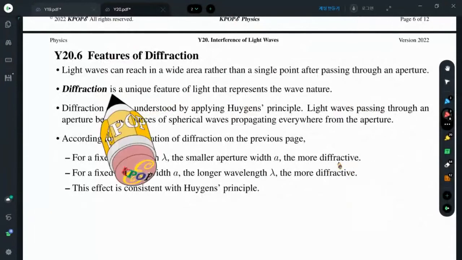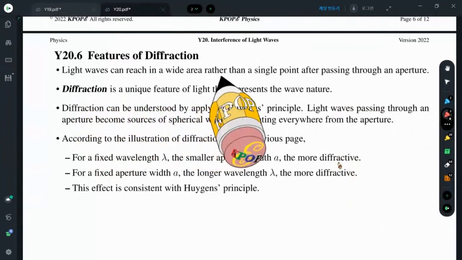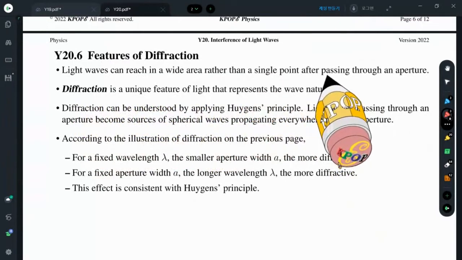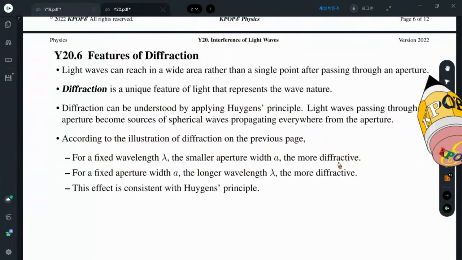Features of diffraction. Light waves can reach a wider area rather than a single point after passing through an aperture.